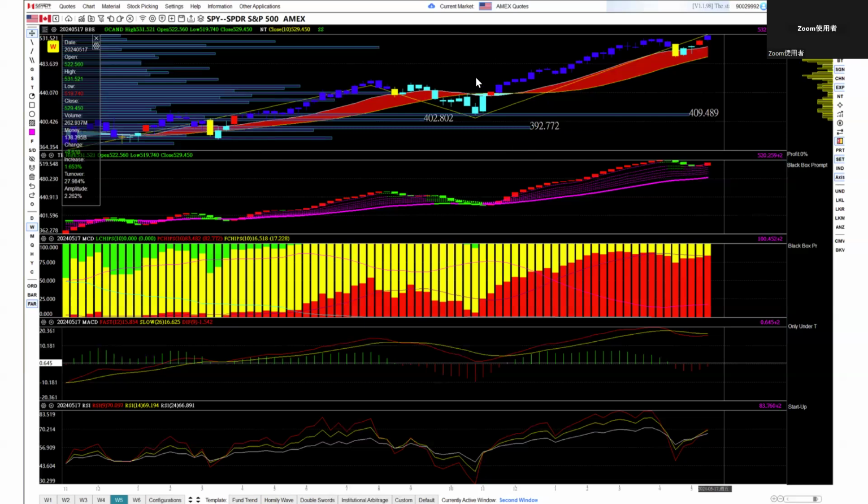So back to that candle: 10th of January 2023. So how long was that bull run? You're talking about the weekly chart though, right? Exactly. So from January last year, am I correct? Let me double check.